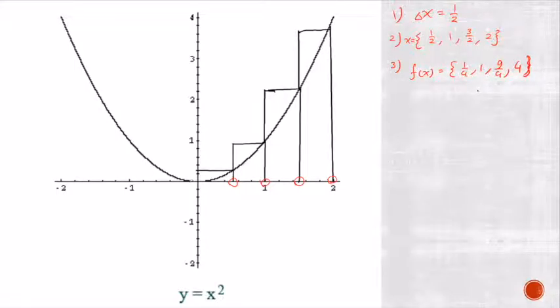The areas of the rectangles are 1/8, 1/2, 9/8, and 2, which results in the sum of 3.75. As you can see, the result is an overestimation.